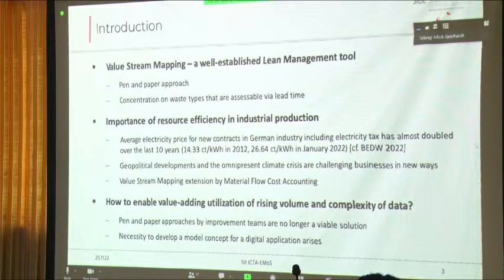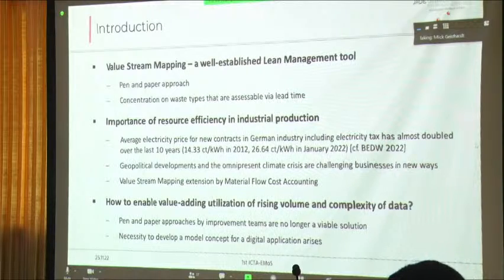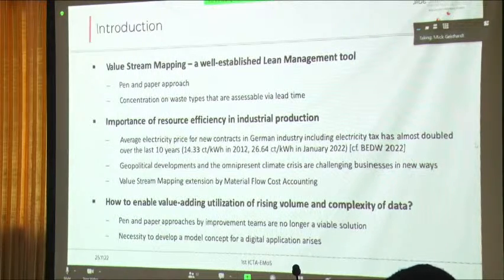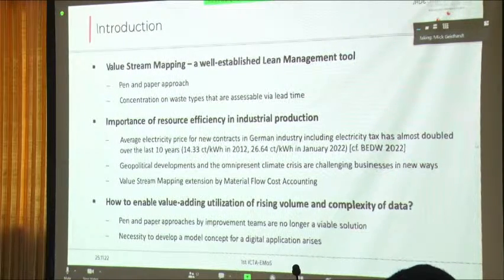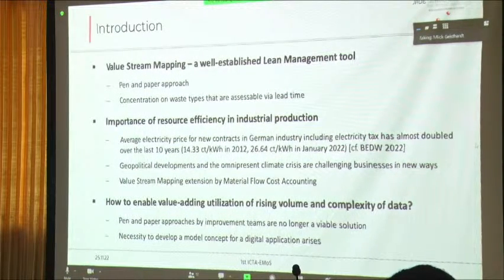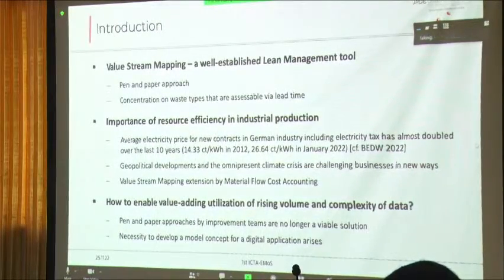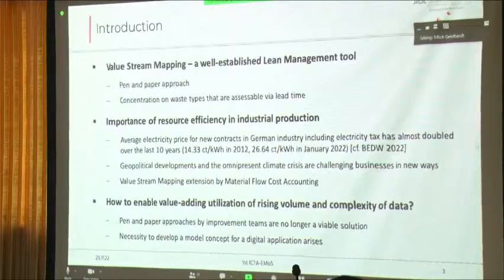At the same time, there is the importance of resource efficiency gains in industrial production, especially from my experience here in Germany. Just to name an example, the electricity price for a new contract in industry, including electricity tax, has almost doubled over the last 10 years.